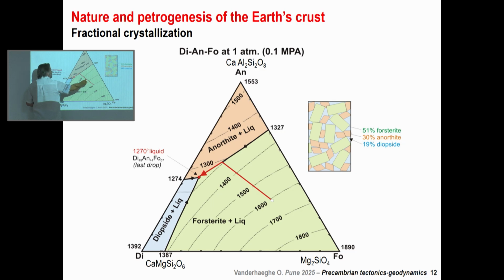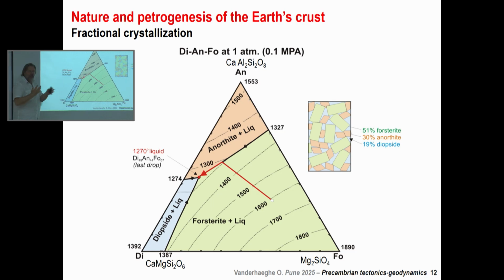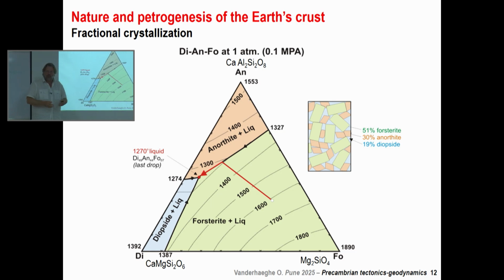And then the temperature will go down and meet that boundary, at which point there will be crystallization of diopside and anorthite, the plagioclase here, which will fill the gap between the forsterite crystals. Then the reaction will go this way, the melt will decrease, and the last crystals to form will be diopside, filling up the interstitial space. So you can read the fractional crystallization in the texture and compare with the thermodynamics.